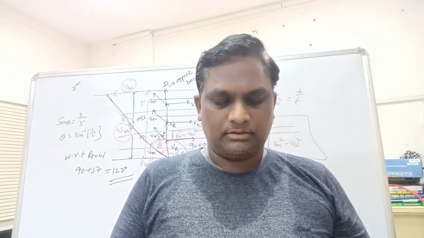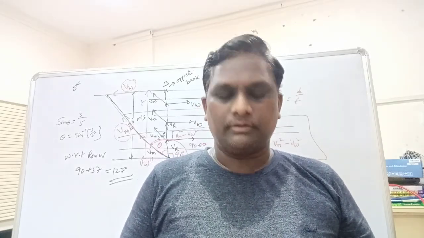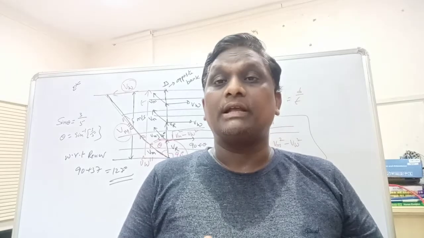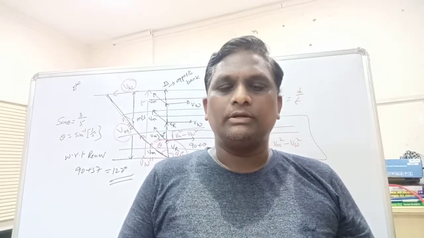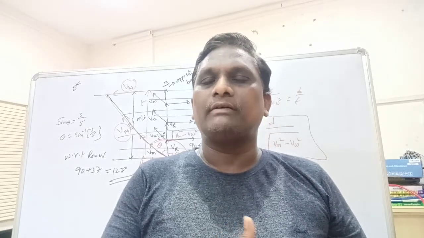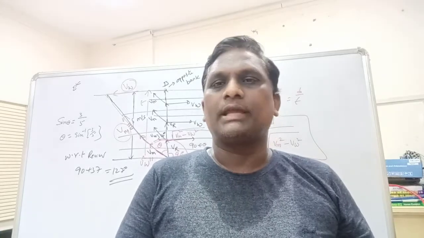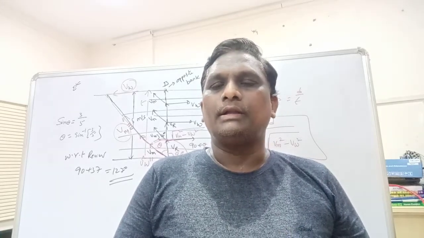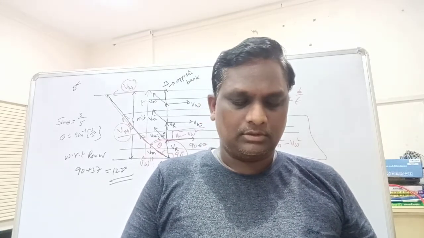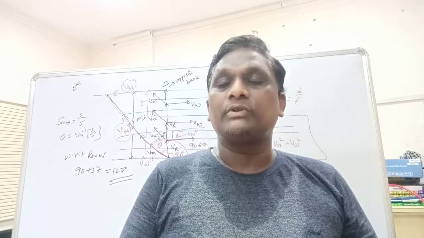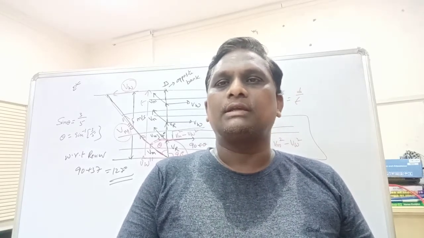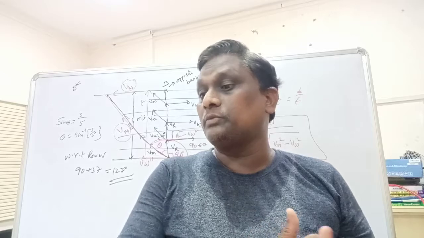Next, in one dimensional motion, average velocity. In 2019 they asked one question on average velocity, and that I also explained. And in 2-dimensional motion, the 5th question, they will ask in relative motion.